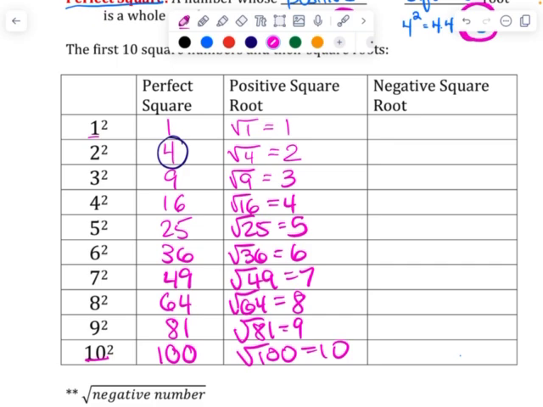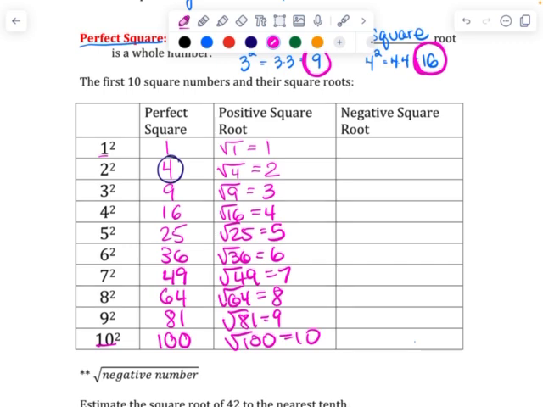All right, now the negative square root, we can think of as the opposite of, or it's really negative 1 times whatever that square root is. So the opposite of the square root of 1, well, I know the square root of 1 is 1, and the opposite is just negative 1.